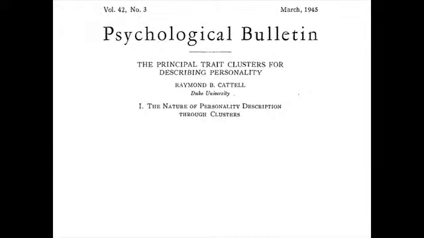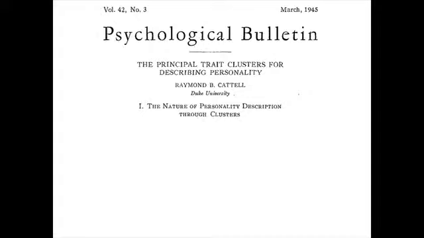Beginning in the 1940s, Raymond Cattell began what would be a several-decade project to simplify the list of words used as personality descriptors. Rather than using individual words, he suggested that we instead look for words that cluster together, either by describing similar characteristics or describing the opposite of these characteristics.